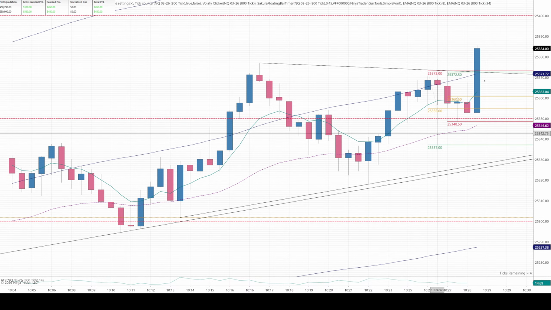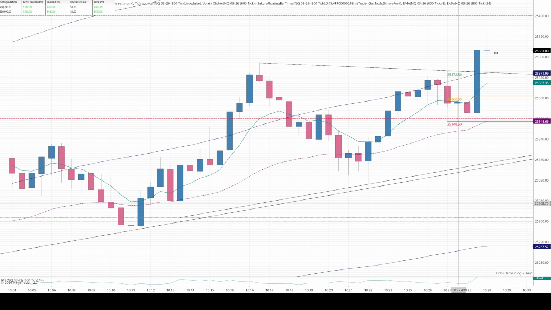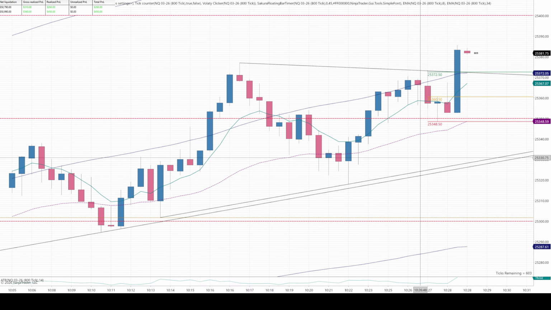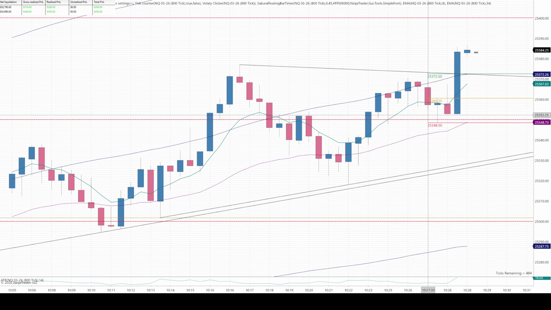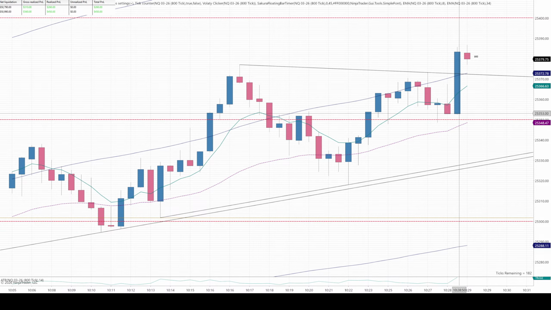All right, so the bullish target hit. I mean, that's one heck of a candle. 33 point candle in like 20 seconds.